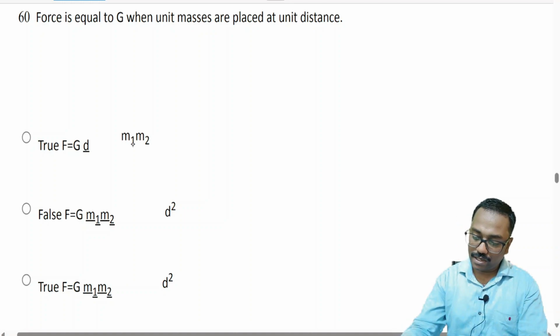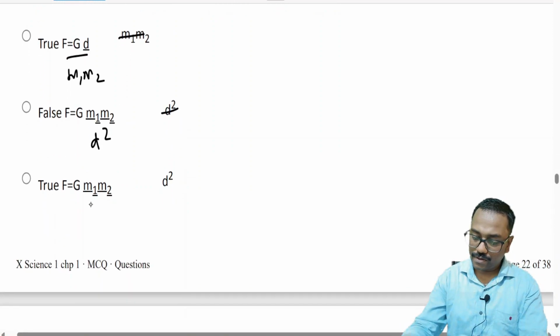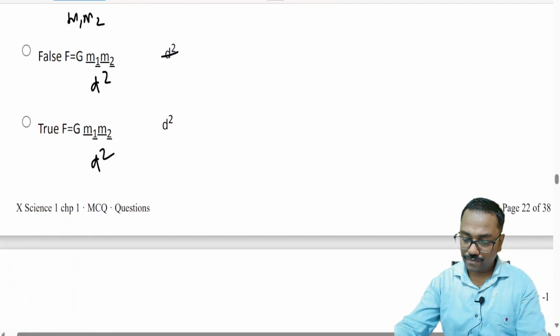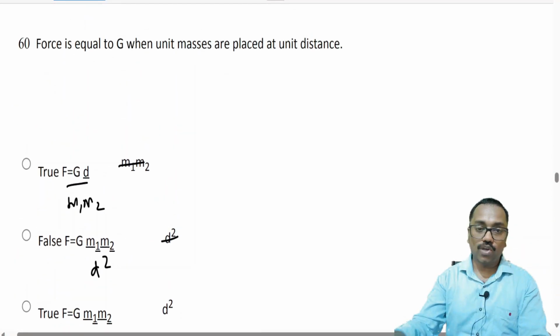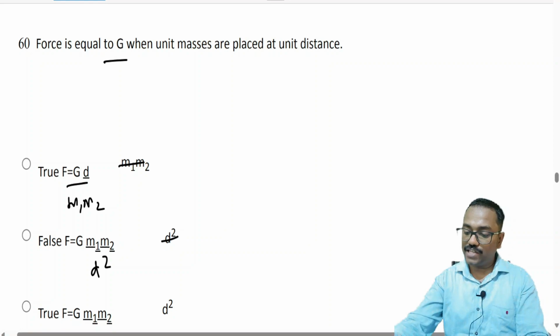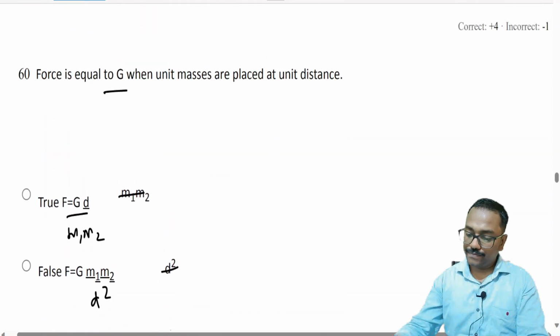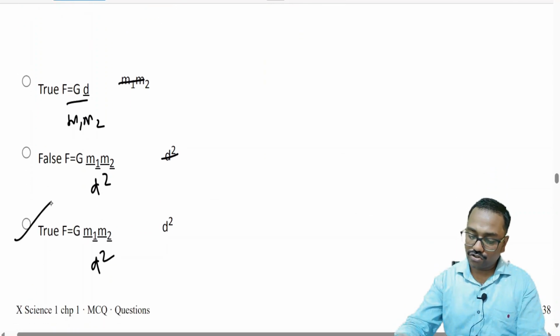60th question, force is equal to G when unit masses are placed at a unit distance. So here this has to be written here m1, m2, here d square. Okay, so its answer is, again we'll check the question, force is equal to G when unit masses are placed at a unit distance. So formula is, when at unit mass, that means its answer is true, right?